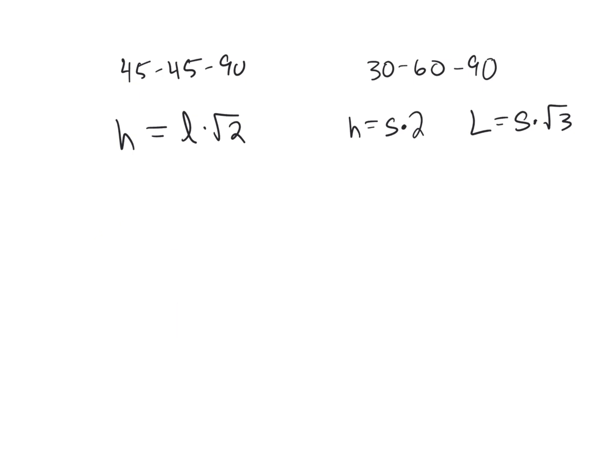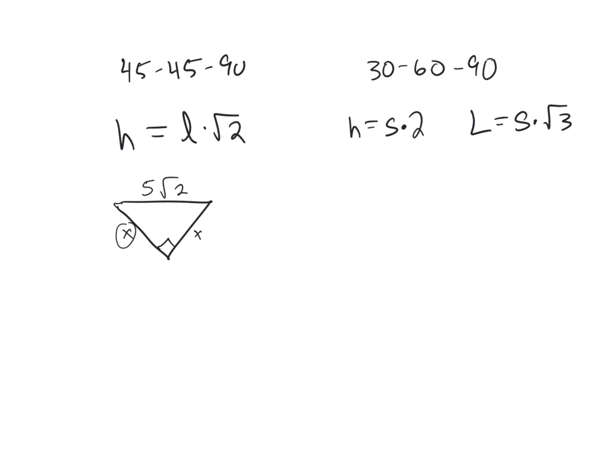All right, so let's do another 45, 45, 90-degree triangle. Let's look at this one. Find the 90 degrees, so the opposite side is your hypotenuse, which they say is 5 square root of 2. And they tell you the sides are x's. Now, they don't have 45 listed on there. They have the 90, but they don't have the 45.